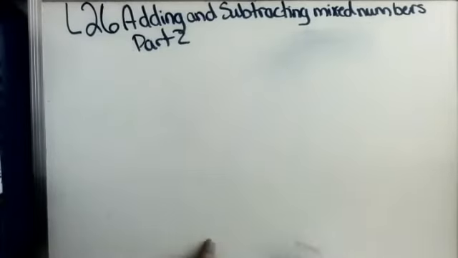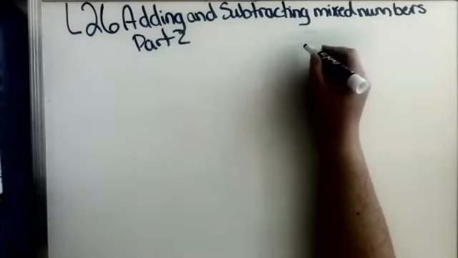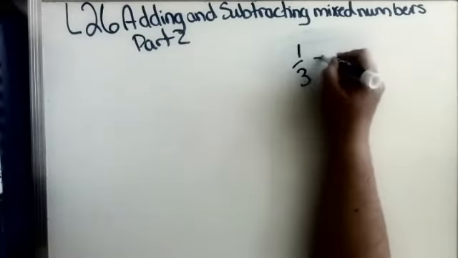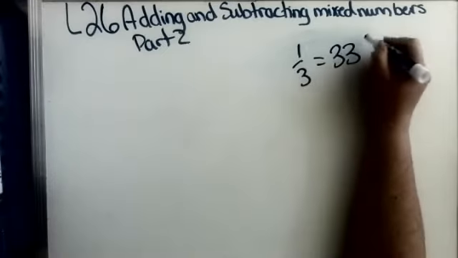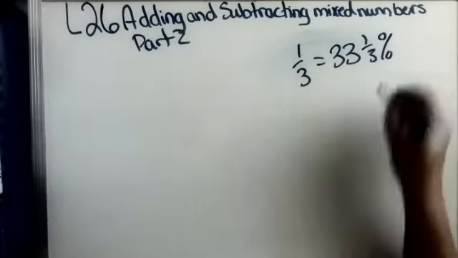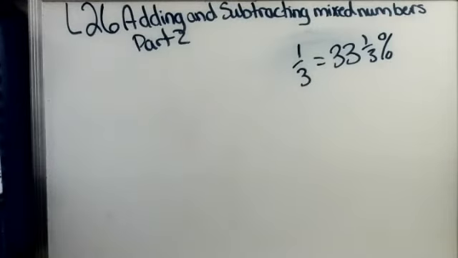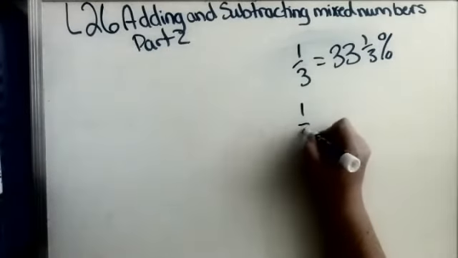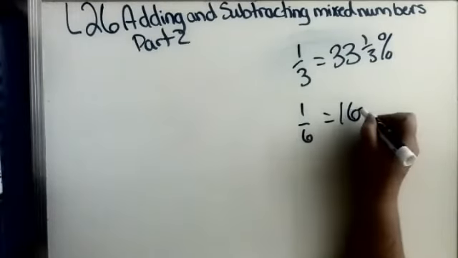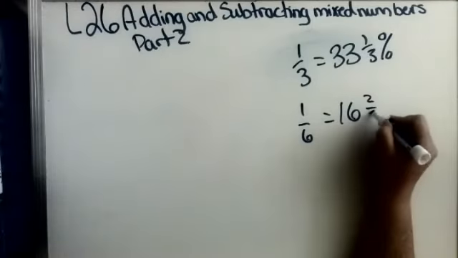First thing we need to go over really quickly, this should be a little bit of a refresher from last year. There are some percentages that go with fractions that we were to memorize last year. 1/3 is equivalent to 33 and a third percent, and 1/6 is 16 and 2/3%.